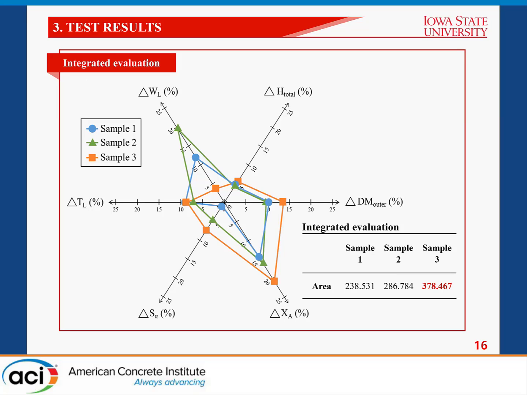The enclosed area was used to evaluate the printing quality of 3D printed objects. For example, if the area is near 0, it means that the quality of the sample is near what was designed. Based on this evaluation method, it was confirmed that sample 3 has the largest area, which means it has the poorest printing quality among the samples.